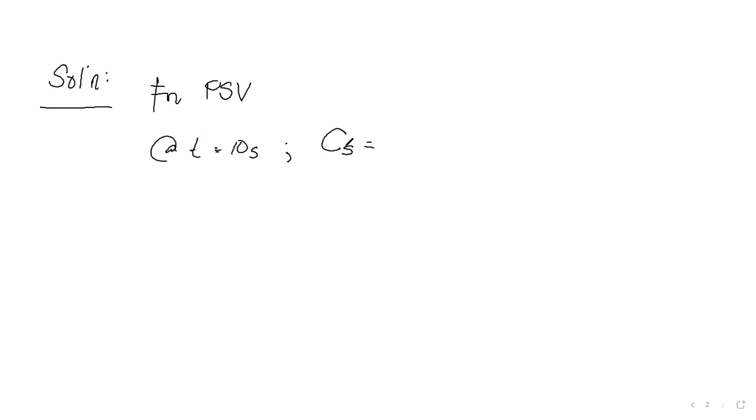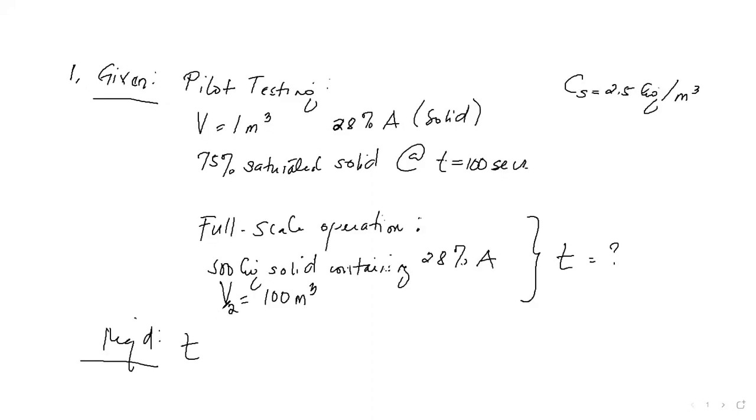So there was a mention that the water is concentrated already at 2.5 kilogram per cubic meter here in the given. Water is already concentrated at a concentration of 2.5 kilogram per cubic meter. But in the first part, it says that at 100 seconds, is it 100 seconds or 10 seconds? Let me check again with the problem.